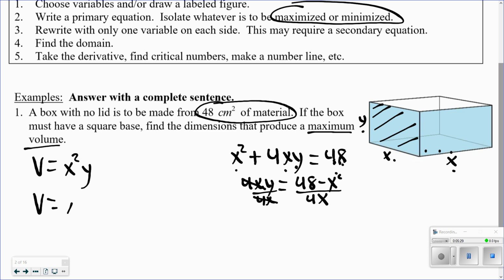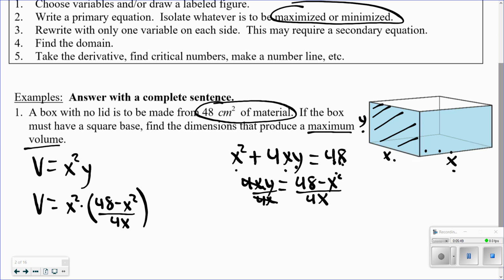And in place of the y, I'm going to replace it with that 48 minus x squared all over 4x. So now I've got an equation that just involves two variables. I have V, the volume, on the left side, and I have x on the right side.